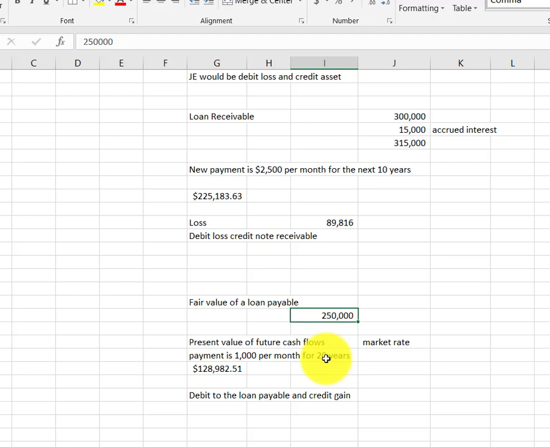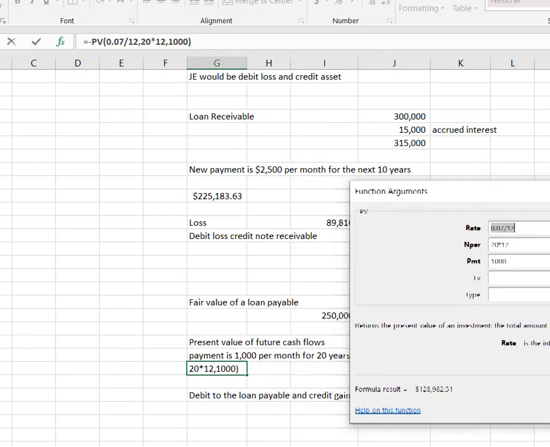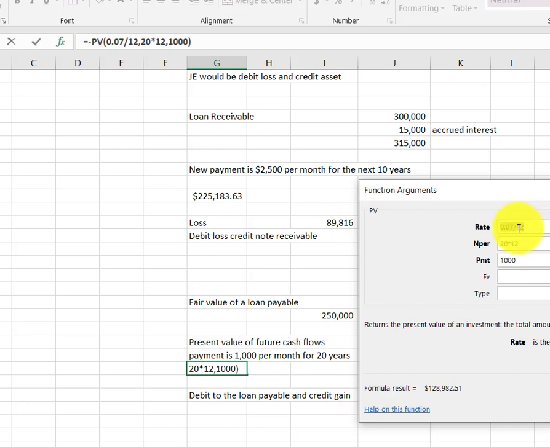Either way, we're going to come up with a new value, and that new value is going to be the present value using the market rate, okay, of the future payments of $1,000 over the number of periods remaining, okay?